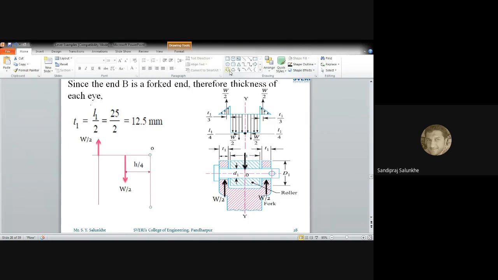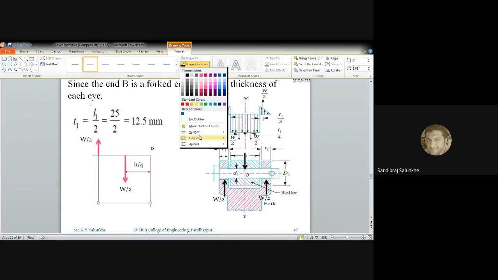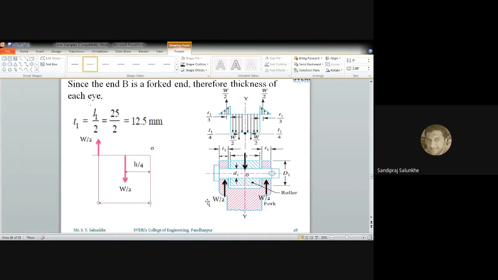Can anybody of you tell this distance? Yes, sir. How much is it? Sir, it is L1 by 2 plus T1 by 3. It is L1 by 2, that is this distance, plus this T1 by 3. Am I right?